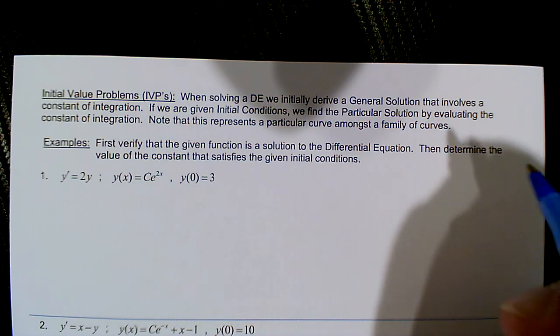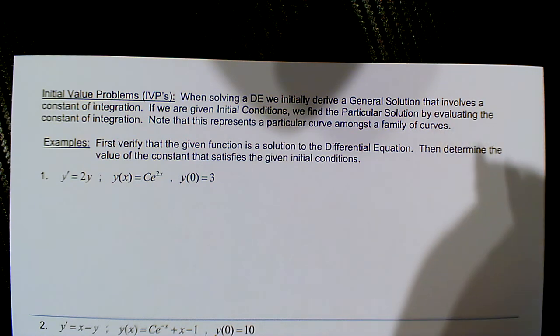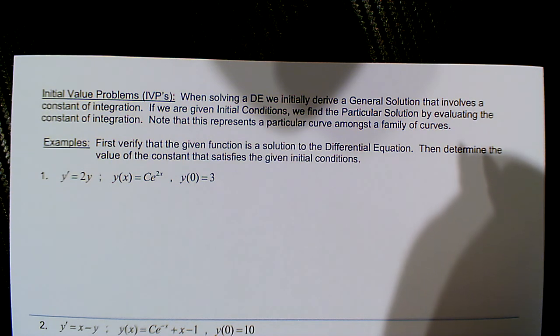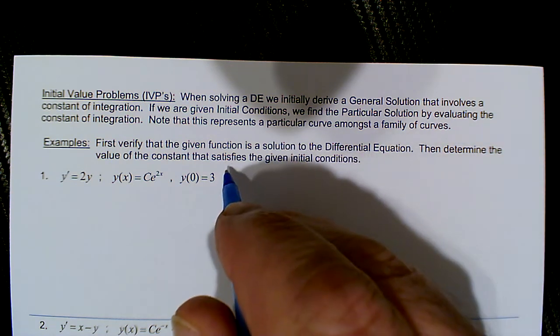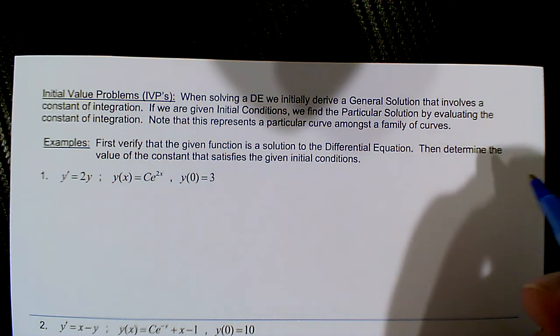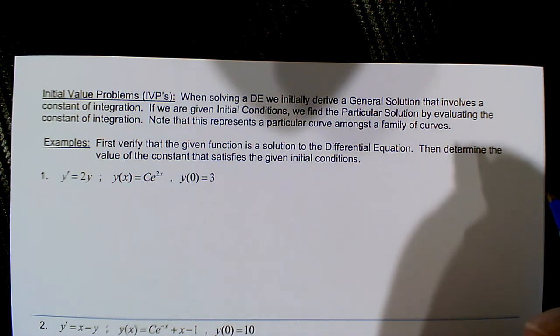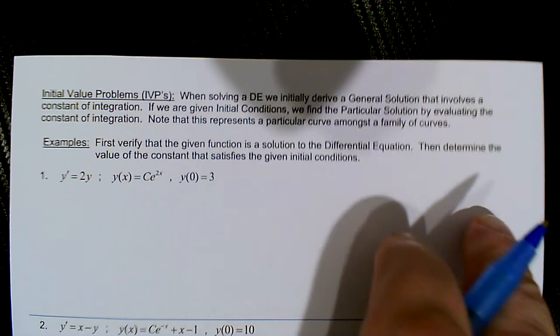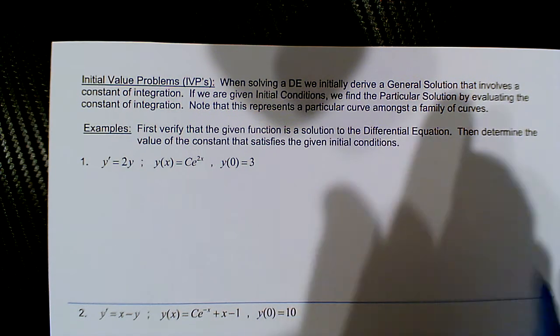And as we'll see in our examples, this represents a particular curve amongst what we call a family of curves. So here we want to first verify that the given function is a solution, and then determine the value of the constant that satisfies the given initial conditions.